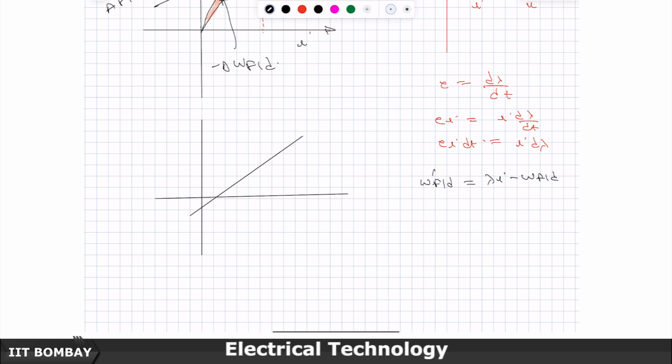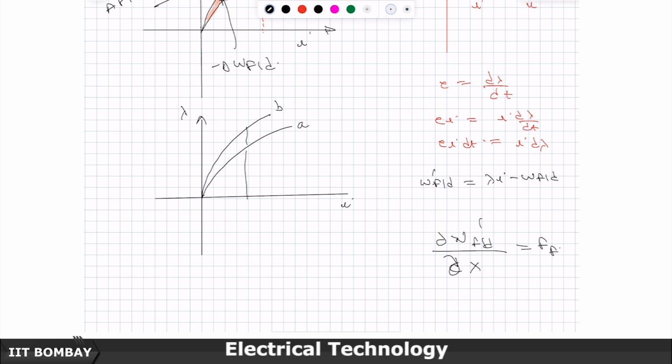Lambda and I, with points 1, 2, A, B. This is the BH curve or whatever. Now, what are we going to do to calculate FLD with respect to W dash?